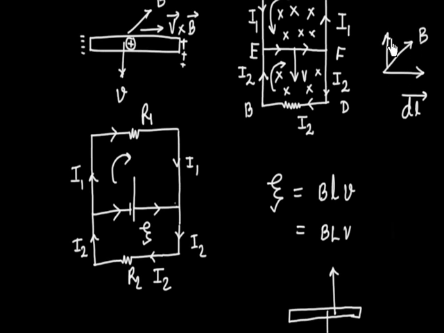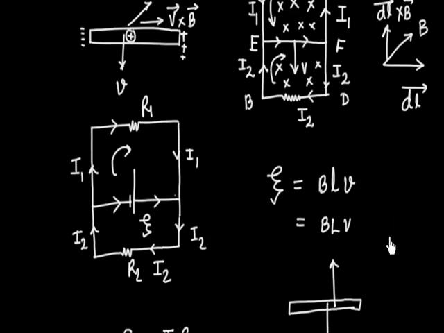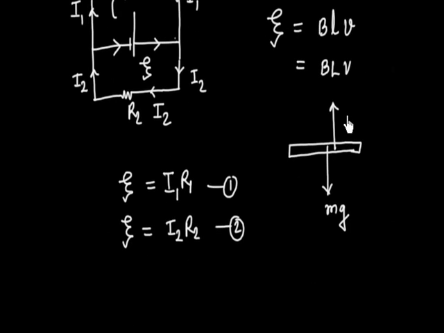So delta L cross B is upward. So you will have a force ILB in the upward direction, where I in this circuit is I1 plus I2, the length is L and the magnetic field is B.